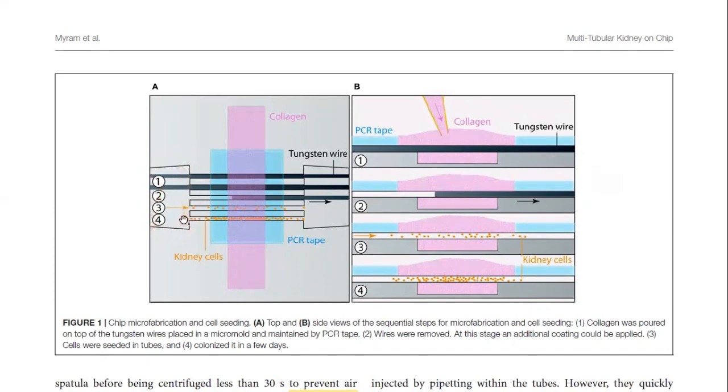This is the reservoir. The measures of the reservoir are 1 millimeter wide, 5 millimeters long, and 300 micrometers deep, in which the tubes were molded in collagen 1.